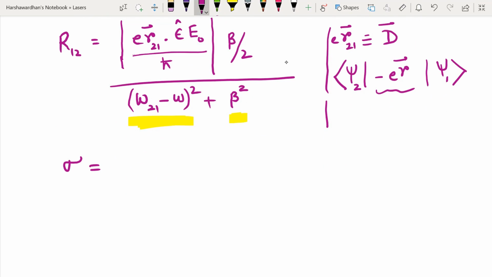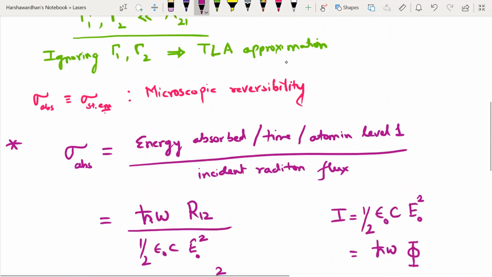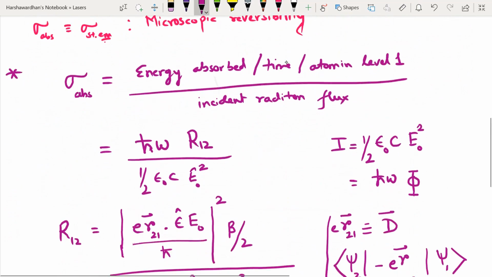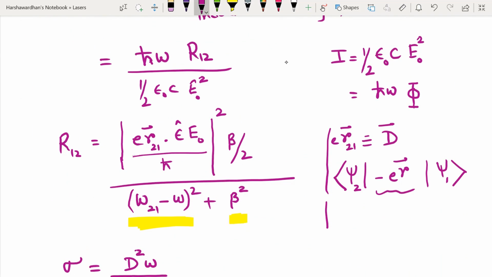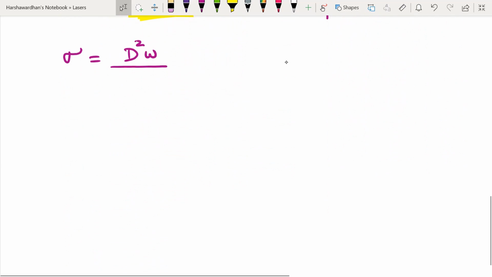Clearly, sigma is a function of frequency, so one can write this out as d square omega. You see that mod E naught square appears both in the numerator and denominator, which gets cancelled.